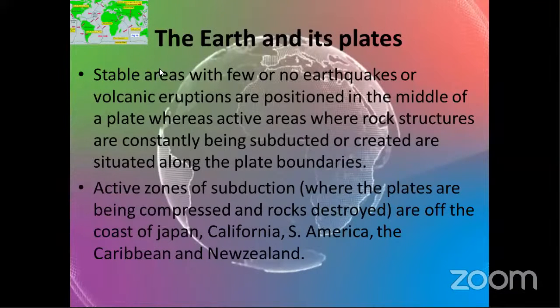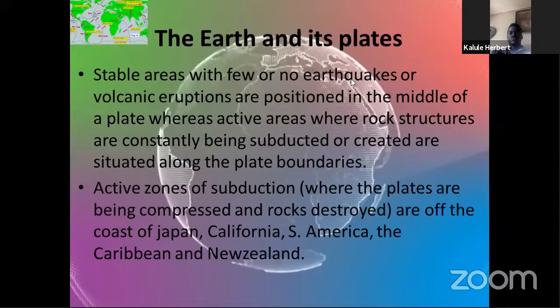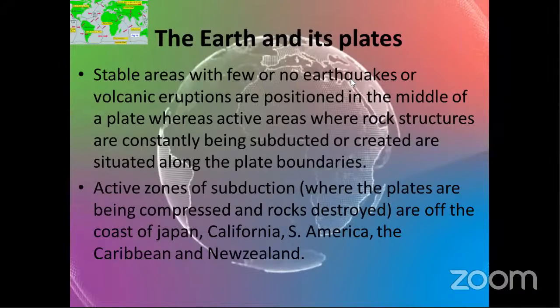We are saying that stable areas with few or no earthquakes or volcanic eruptions are positioned in the middle of a plate, whereas active areas where rock structures are constantly being subducted or created are situated along the plate boundaries.